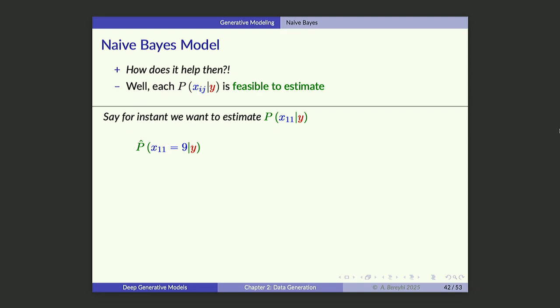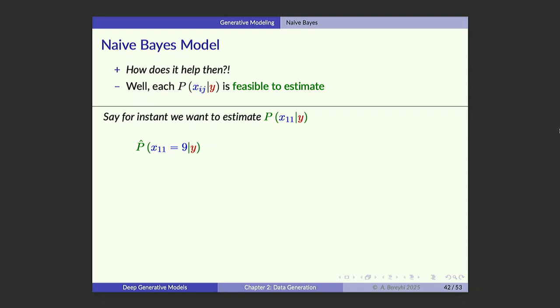You have a lot of them, right? What is in the numerator? Exactly. The number of samples you have inside your data set whose label is 1, and the first pixel is value 9. It's true that you might not have seen the exact complete image, but it's likely that you have seen lots of images whose first pixel is 9.